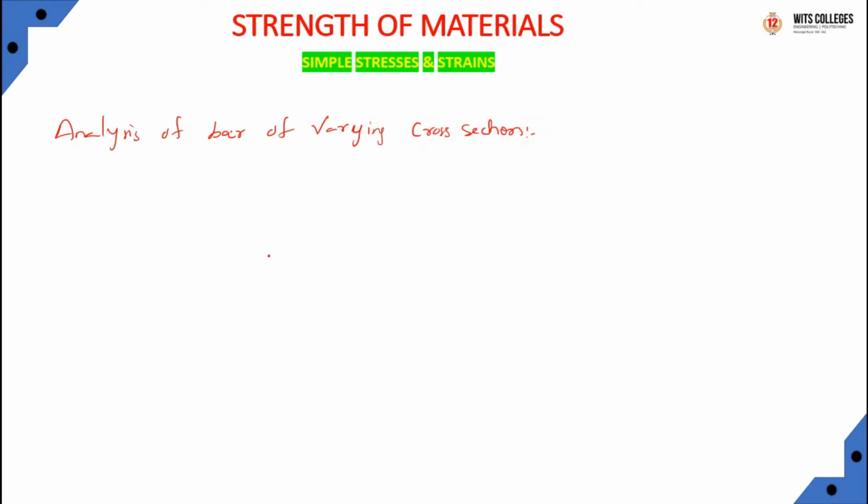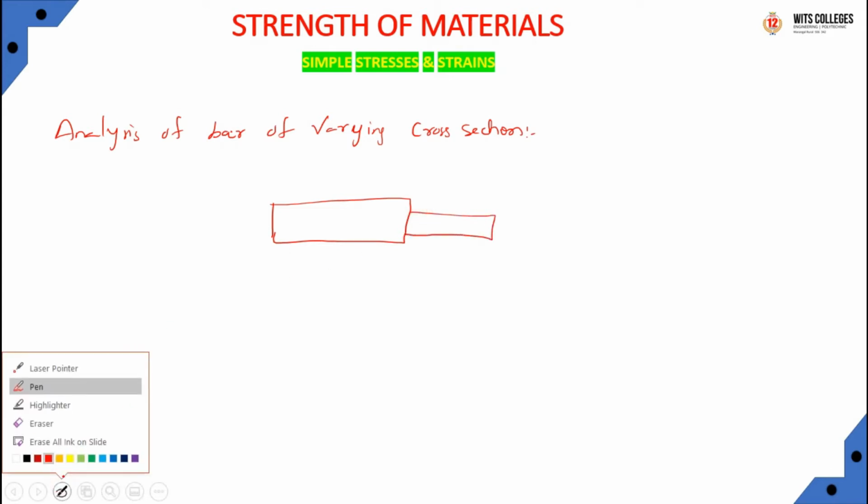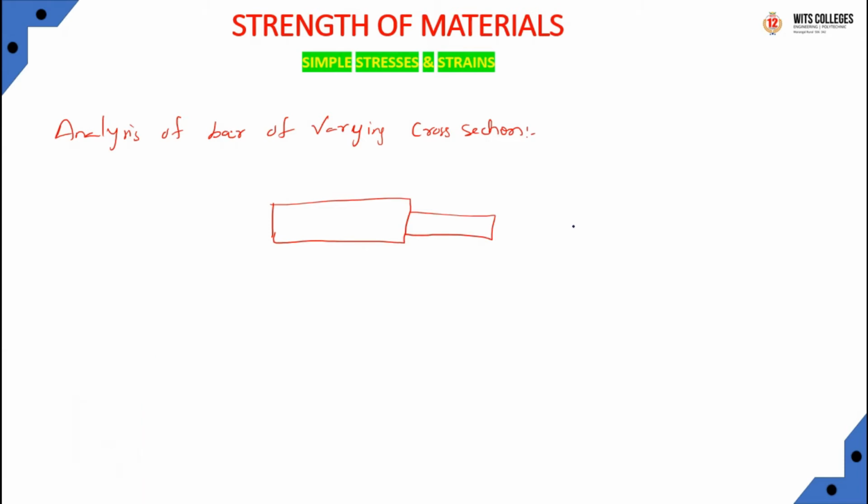Okay, so the bar is like this. Here we are applying load P as the tensile load on both sides. Consider this section 1 up to here, and this is section 2.